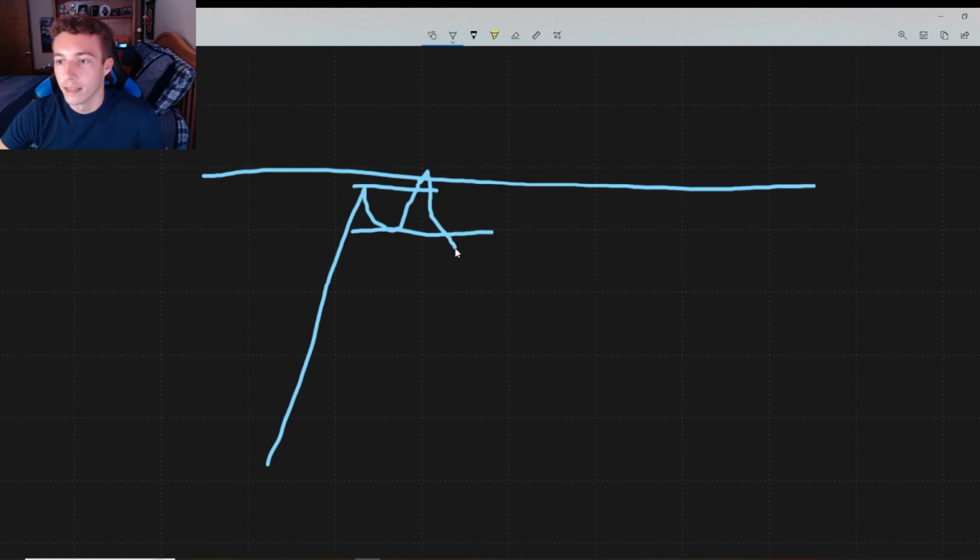Boom, right here, and it will probably end up saving me because we're going to sell back off. So that is something I like to do, basing my stops off of other support or resistance, depending on what side we're playing. That's just one quick example, but it's something I really enjoy doing.